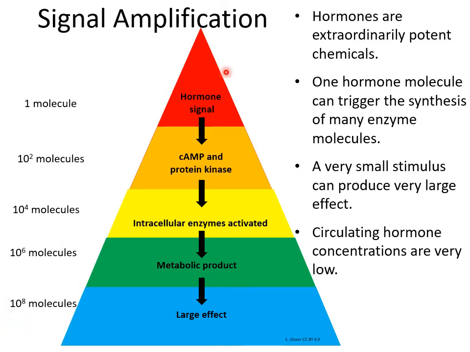If we eliminate all these middle steps, we would have a very small, trivial effect from the activation of one hormone receptor. But because we have all these intermediate steps, we can have a very profound, enduring effect. So that is the purpose behind all these middle layers.